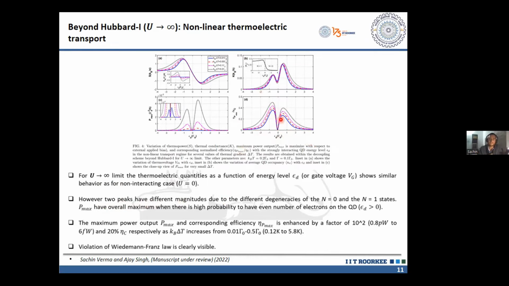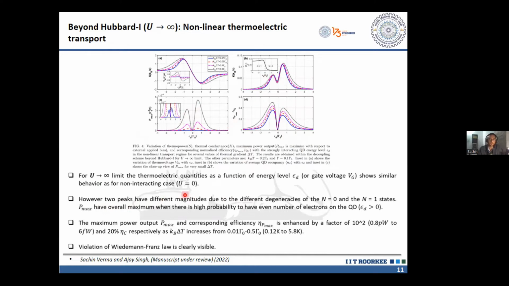Whenever there is an even number of electrons on the quantum dot, it becomes easy for another electron to jump onto that dot. Whenever there is an odd number of electrons, the odd electrons repel another electron, and it creates a smaller power output or smaller thermal conductance.